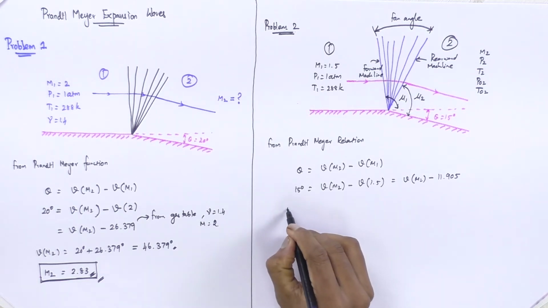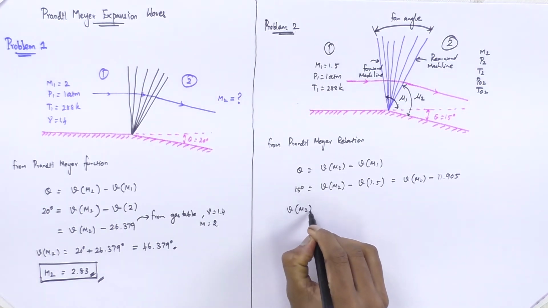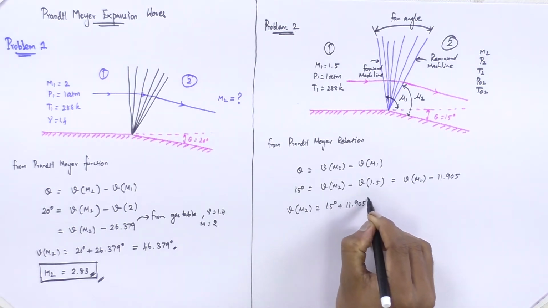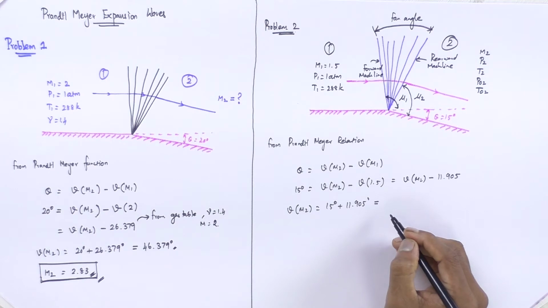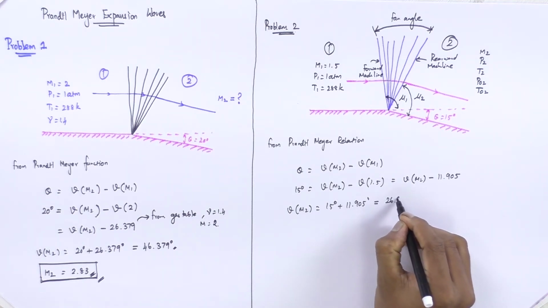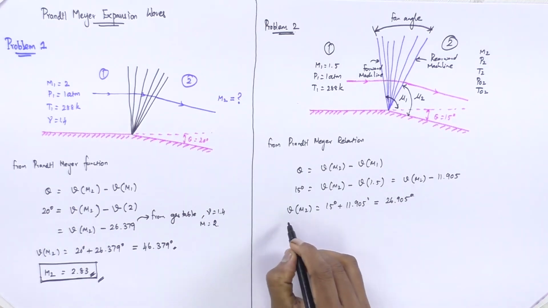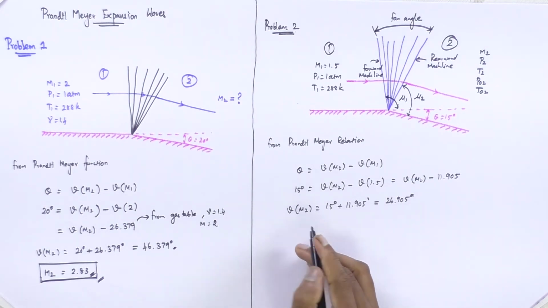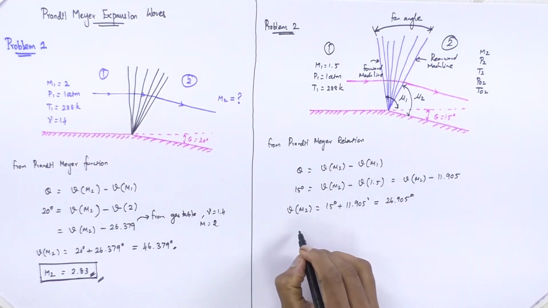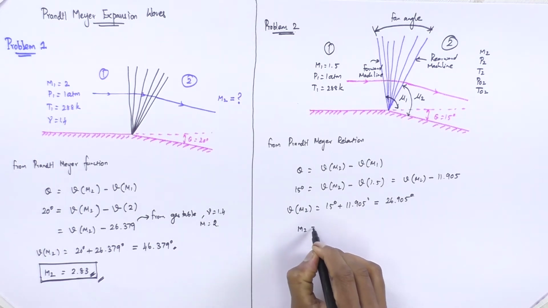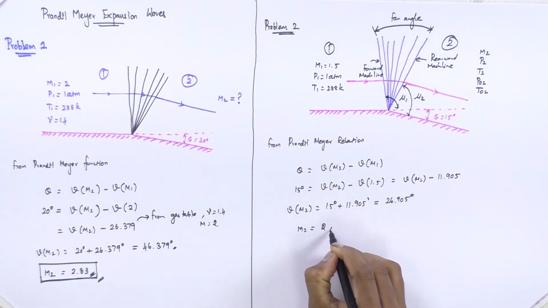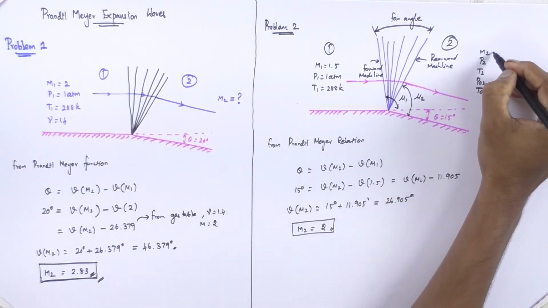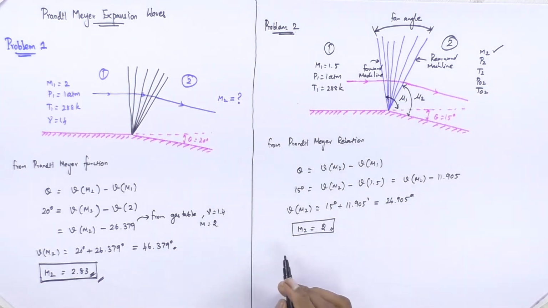So the Prandtl-Meyer function of M2 will be equal to 15 degrees plus 11.905 degrees. This sum gives us 26.905 degrees. Again we refer to the gas tables to find the M2 value for this Prandtl-Meyer angle, and we get M2 as 2. So now we have found M2 is 2.